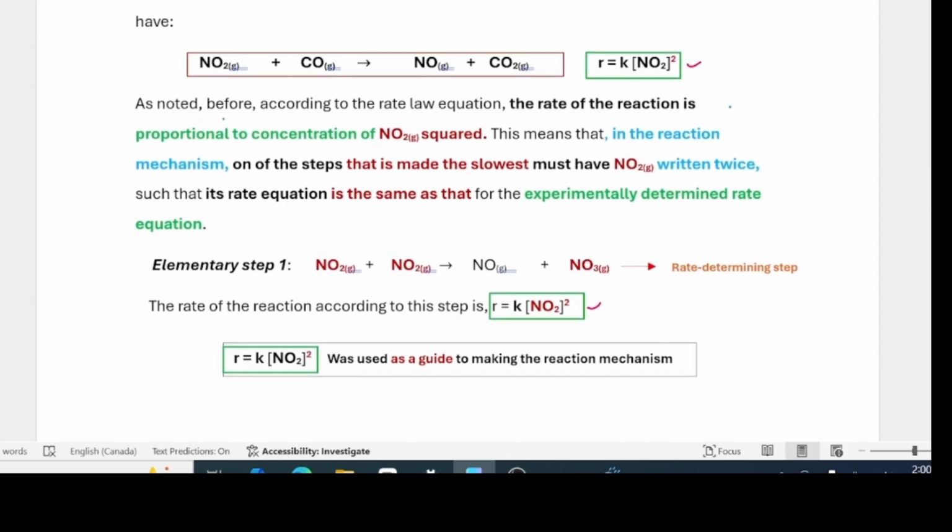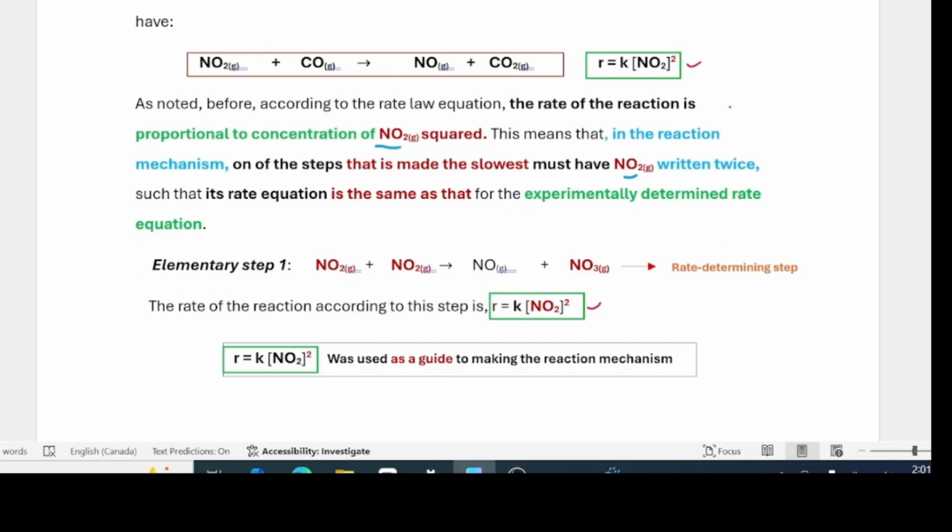As noted before, according to the rate law equation, the rate of the reaction is proportional to the concentration of NO2 raised to an exponent 2. This means that in the reaction mechanism, one of the steps that is made the slowest must have NO2 written twice, such that its rate equation is same as that for the experimentally determined equation.